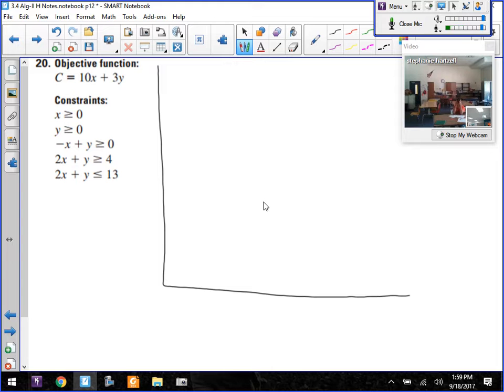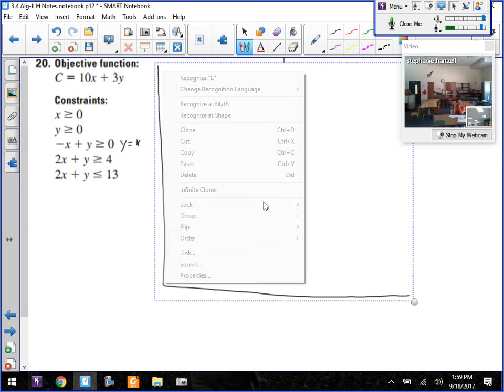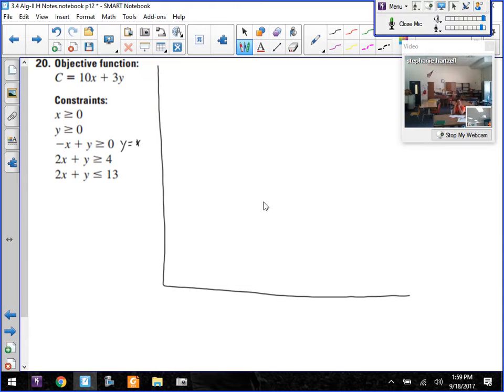the next one is negative x plus y is greater than or equal to 0. That's basically the same thing as saying y equals x. Okay? Which means I get a line with a slope of 1. Pick a point down on that line.